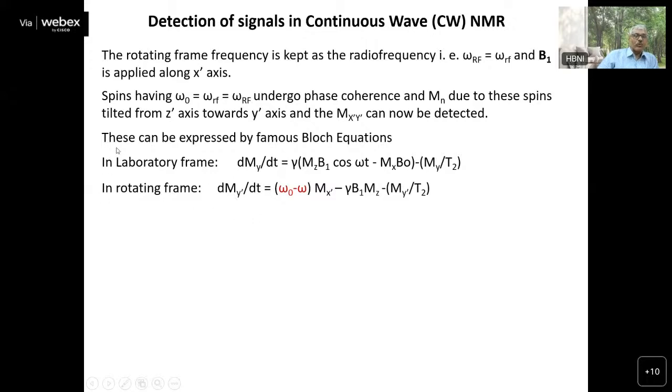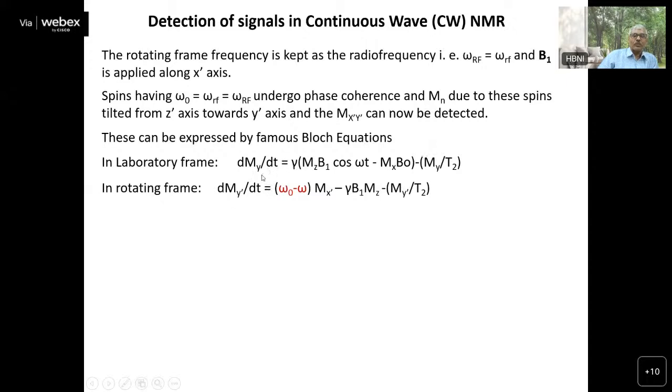In the laboratory frame, that is your Y axis. These are called the Bloch equations. The Bloch equations were derived mathematically to give the rate of change of the Y component magnetization with time, or the Y prime component magnetization with time, and that I have given you.